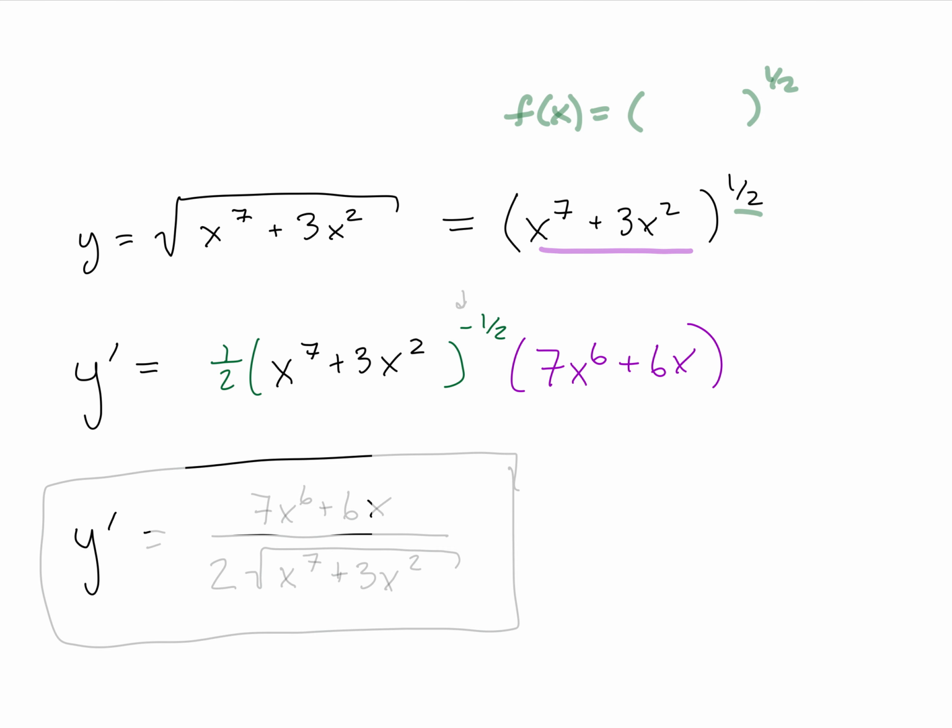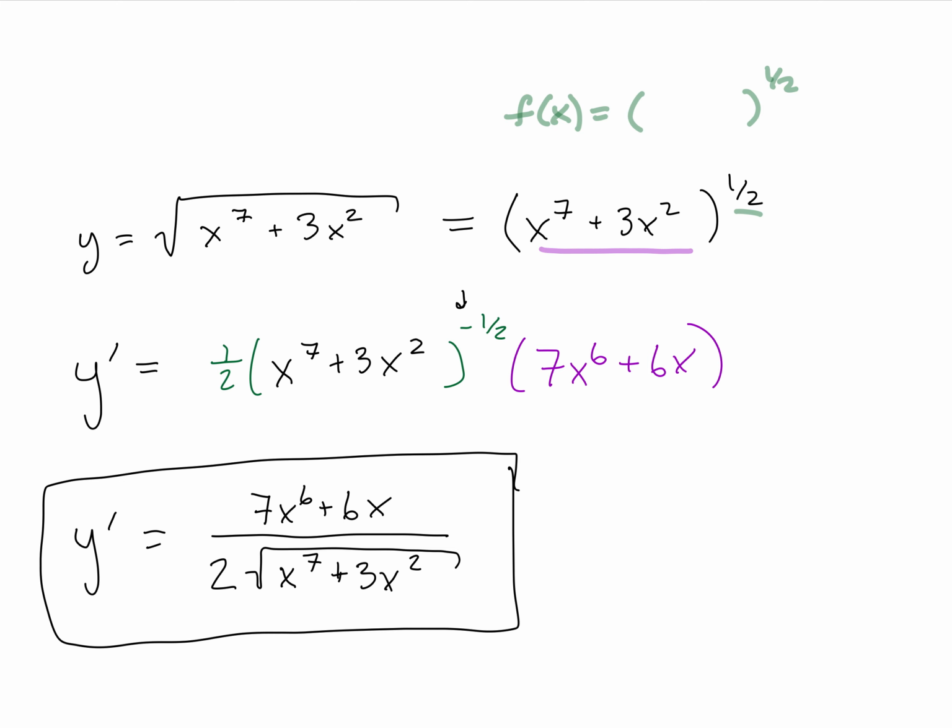So y prime is 7x to the 6th plus 6x, all in the numerator, divided by, in the denominator, a 2 from that 1/2, and the negative, remember, brings this down into the bottom of the fraction, and that's a 1/2 power, that's a square root. So x to the 7th plus 3x squared. And that is our derivative.